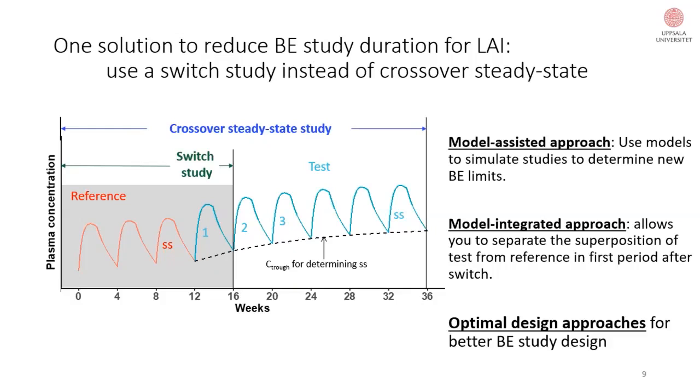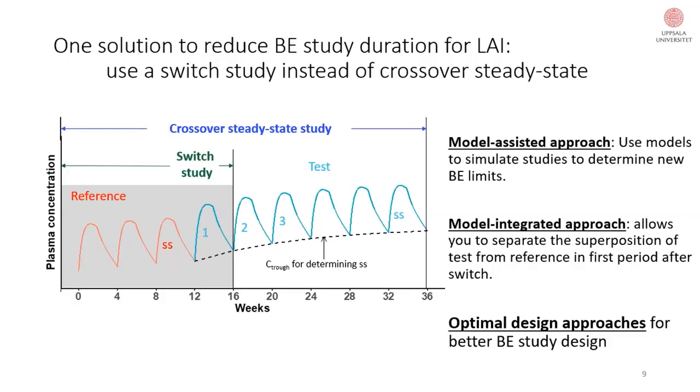Then you would switch to some test product, and you'd have to wait for that individual to come up to steady state again, and then make a measurement in this steady state region. And then you would compare those two profiles.